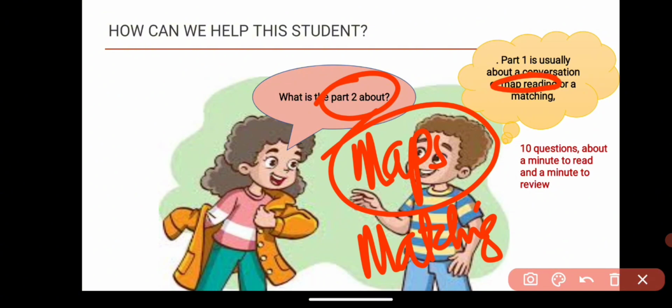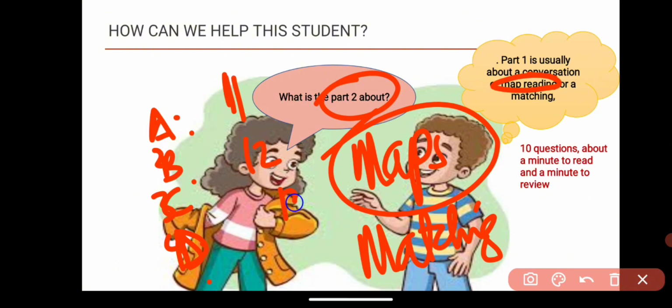Then it can also involve another type of listening test known as matching, where you match the options A, B, C, D to the questions 11, 12, 13, 14, 15. So these are matching questions.